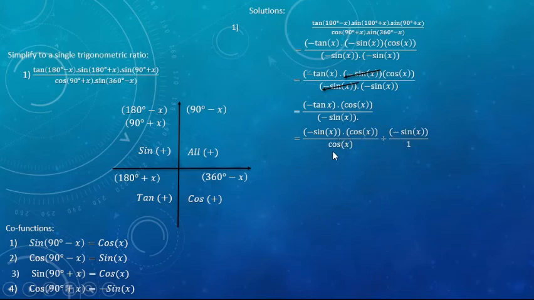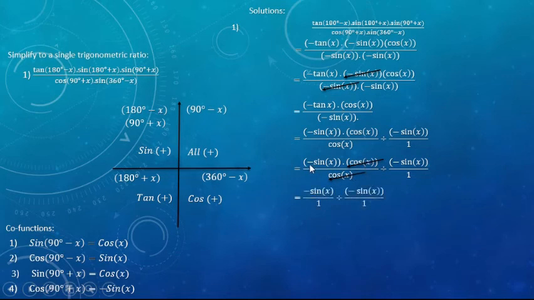And then from there, we can see that we have cos x and cos x here, they cancel out, and what we will be left with when these two cancel out is negative sine x all over 1, because this cosine x was cancelled, and for this side it remains as it is.